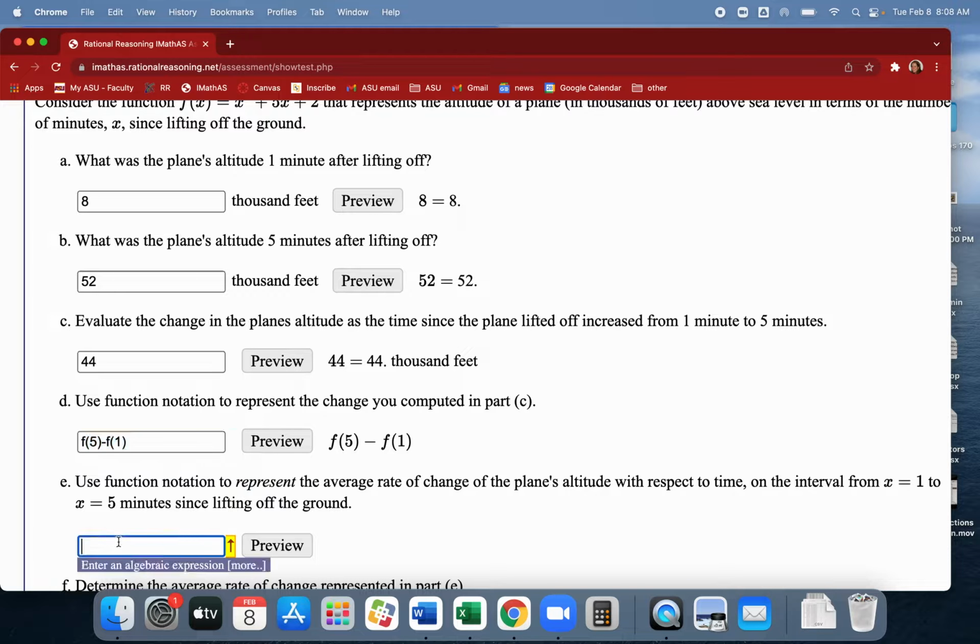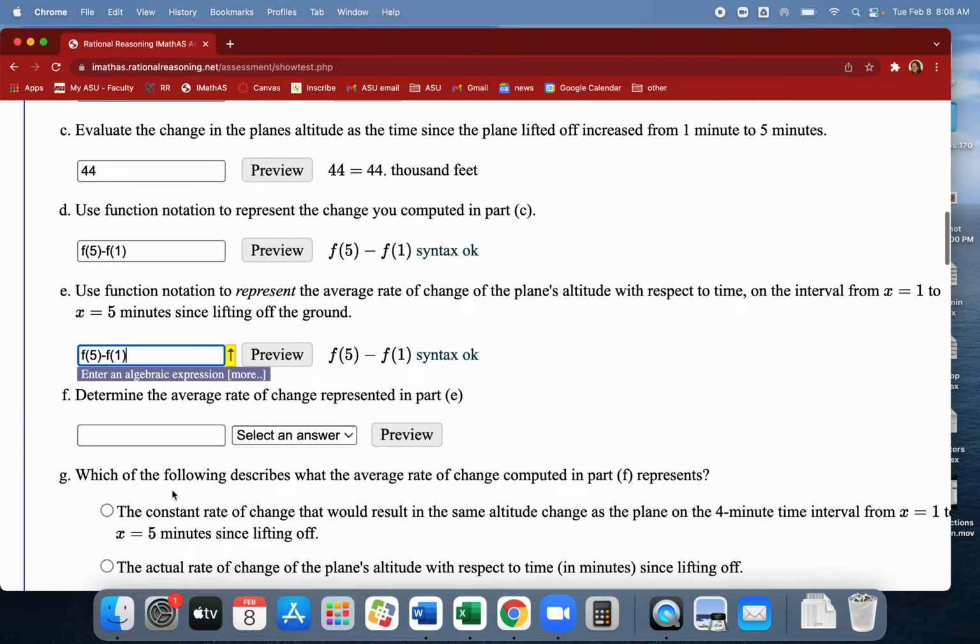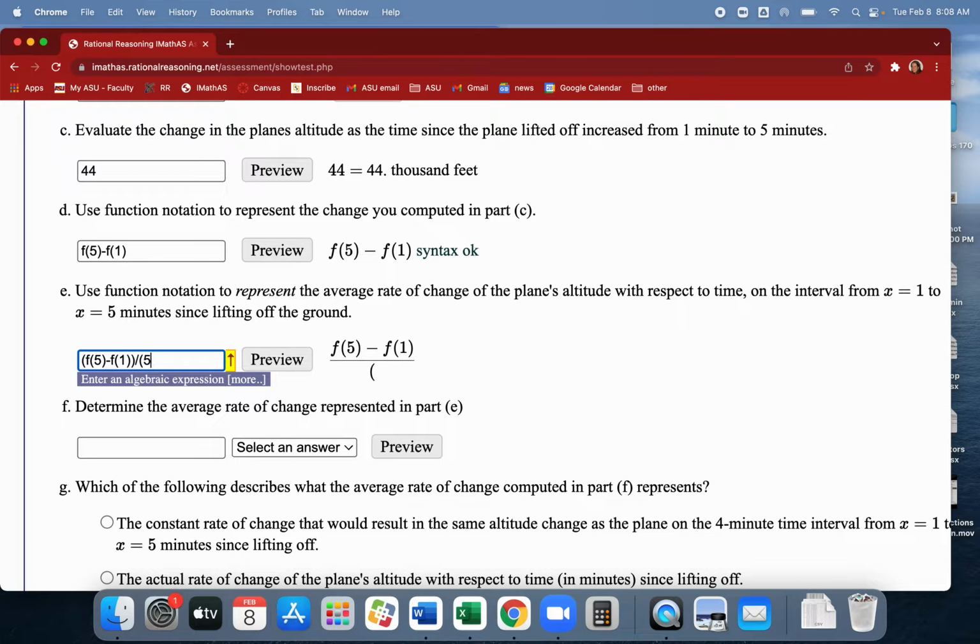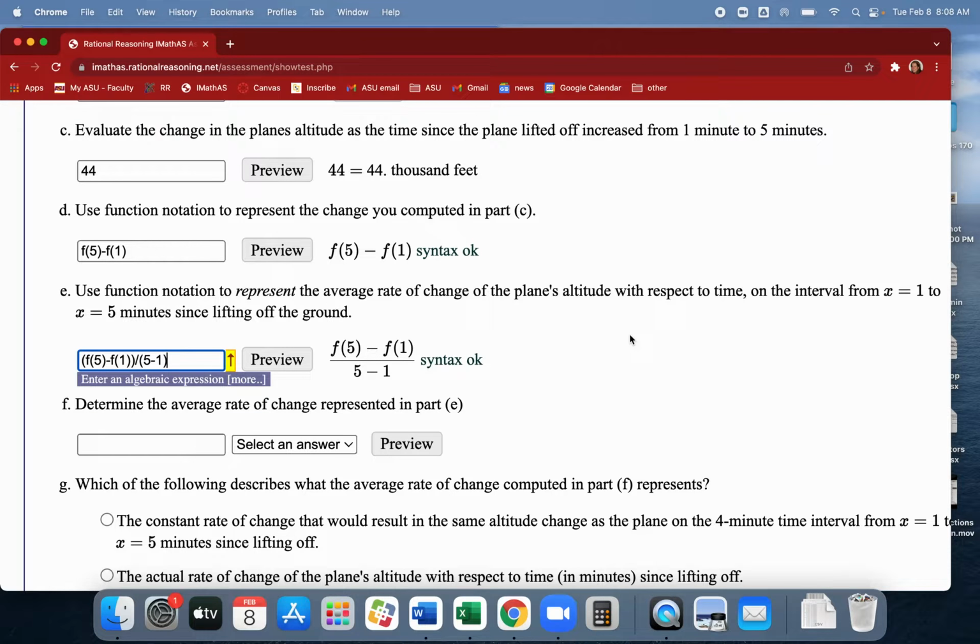It's the same expression, but over 5 minus 1, or over 4. I'm going to write it as over 5 minus 1, all right? Even though I can do that subtraction. I can do f of 5 minus f of 1 also. In our case, that would be 44,000 feet over 4 minutes.